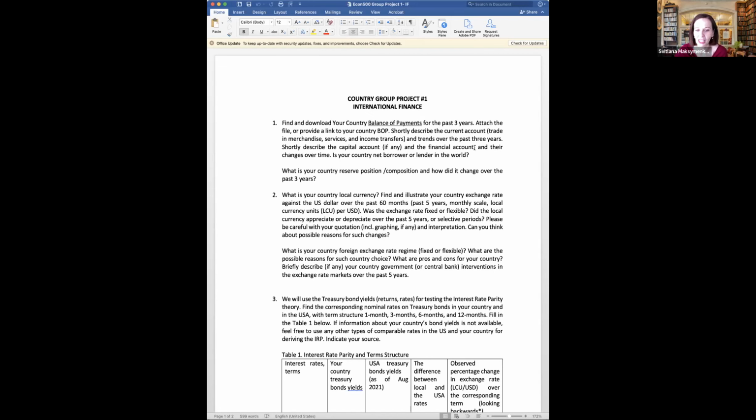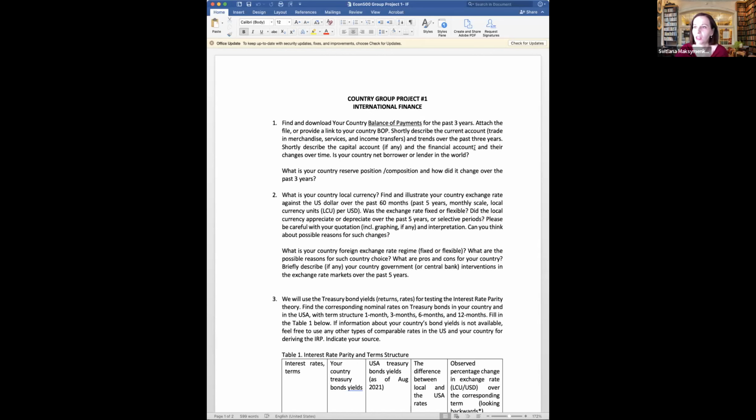So question number 2 asks students to report the exchange rate of the country over the past 5 years on a monthly scale. Also, based on this exploration, students make a decision whether the exchange rate of the country of their choice is fixed or flexible.